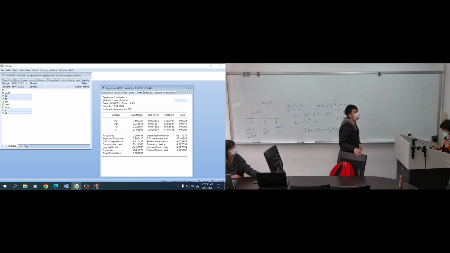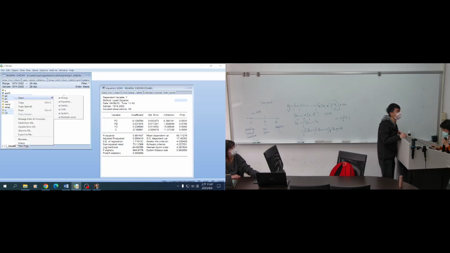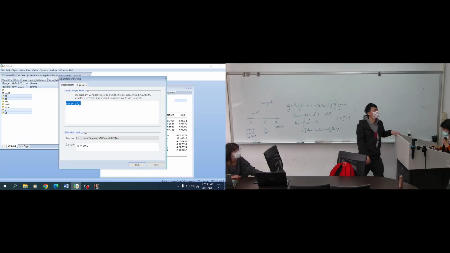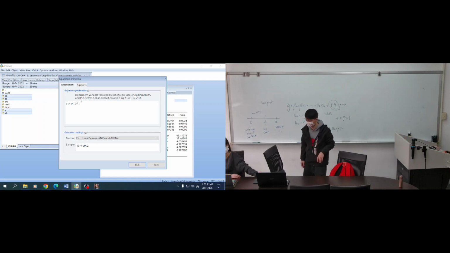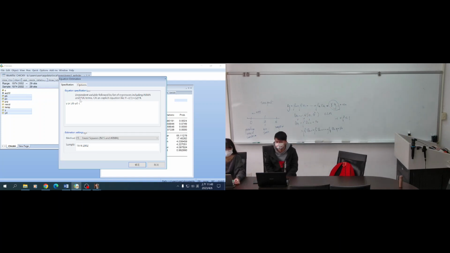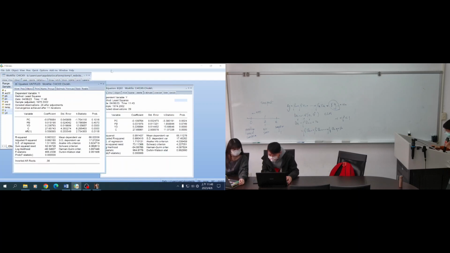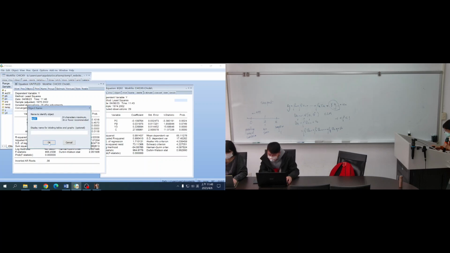Where is my equation 1? Okay, let me do it again. Here, then just AR1. Make sure I have it. Okay, look at these two results. Name it equation 1, okay?